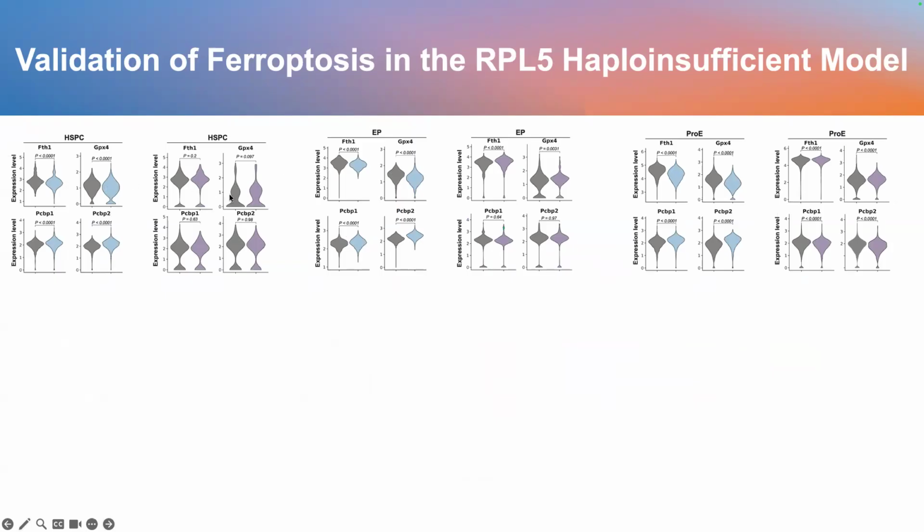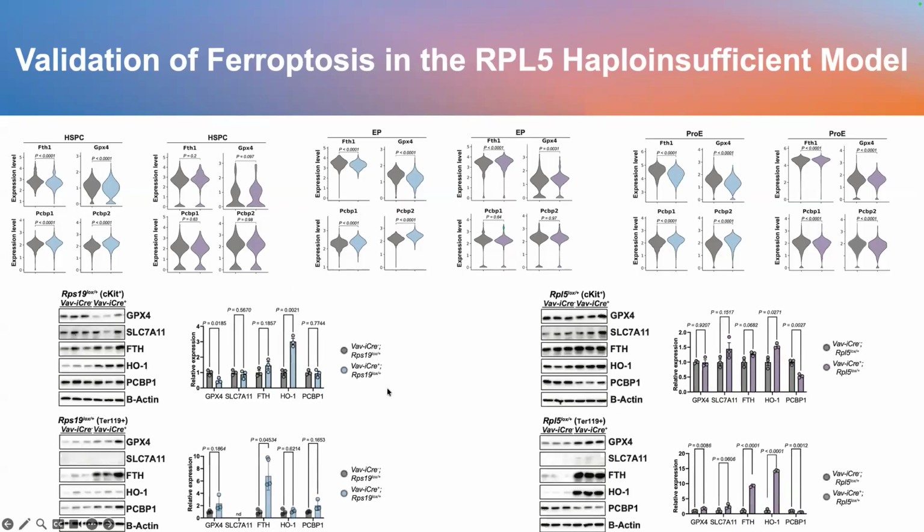And what we observed is that here is the best example, the anti-ferroptotic were up, while we had no change or decrease in the anti-ferroptotic in the RPL5. This was totally validated by Western blot.